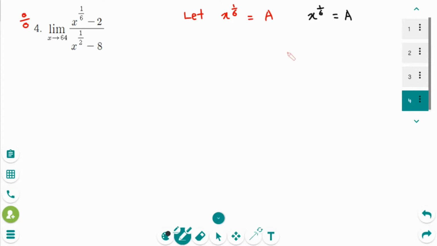Then cube each side, so this is 3 over 6, a cubed. So finally we have this one. So x to the power of 1 over 2 equals a cubed.